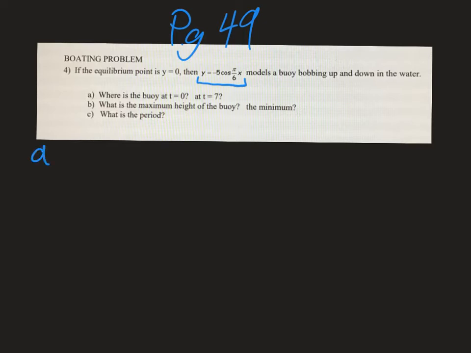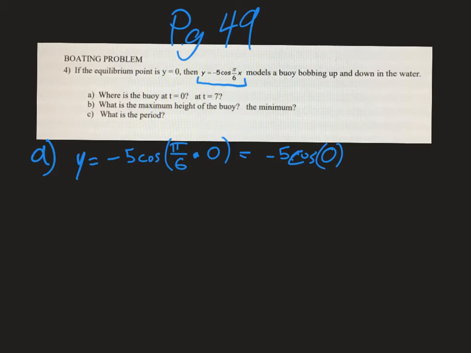So for part A, I'm simply going to plug in the t values, and those are going to go in for my x values. So pi over 6 times 0 for the first one. If we work this out, that means -5 cosine of 0.